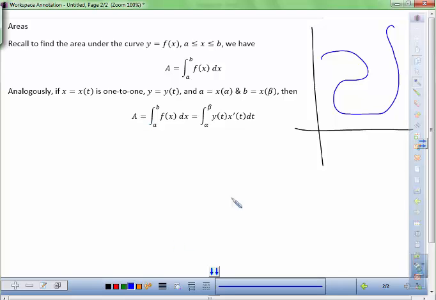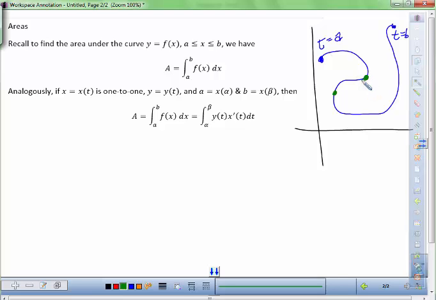So you might have a parametric curve that goes from, let's say, A to B. But instead, we're going to cut up this curve and only take a little bit of the curve that would pass the vertical line test.